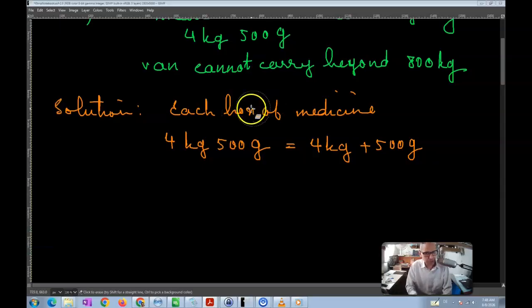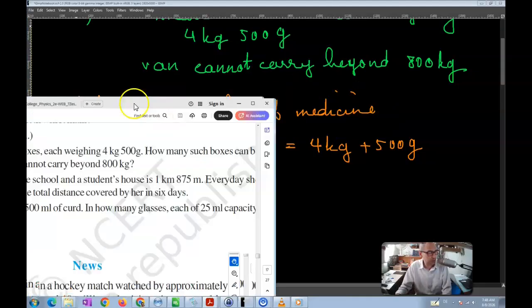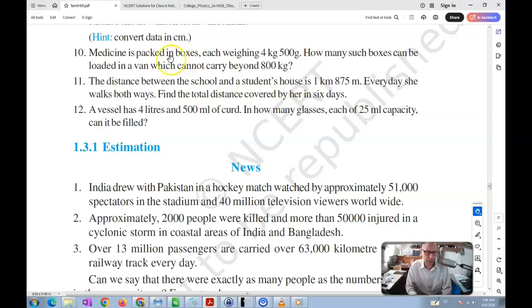You see over here we have each box of medicine. I'm not sure if I actually read the question. Each box of medicine is packed in boxes, each weighing 4 kilograms, 500 grams. Now, how many such boxes can be loaded in a van which cannot carry beyond 800 kilograms? Okay.